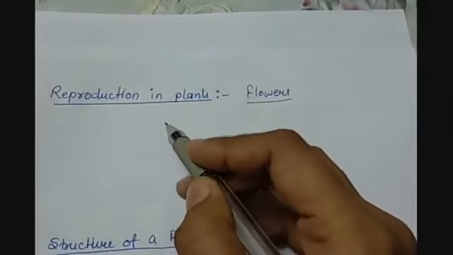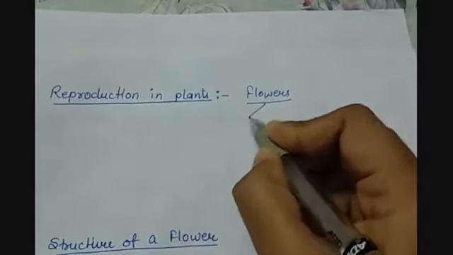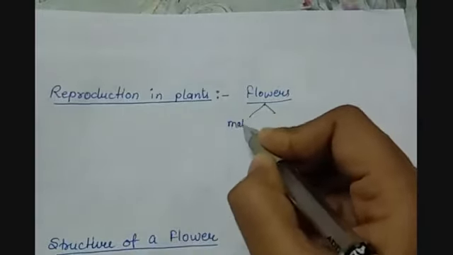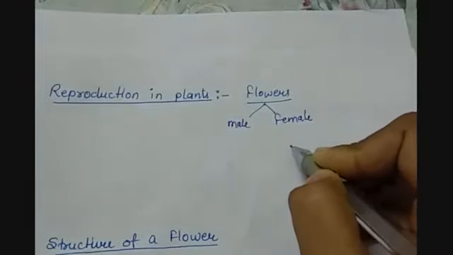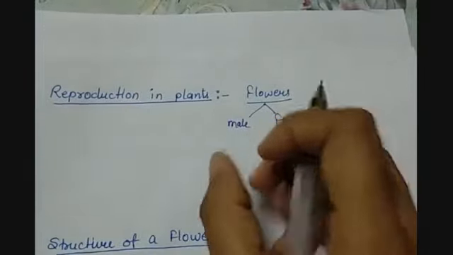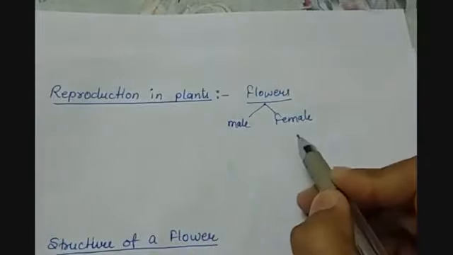The basis of sexual reproduction will remain the same, that here also one male and one female sex organ will be present. So these two sex organs are involved to reproduce the plants.